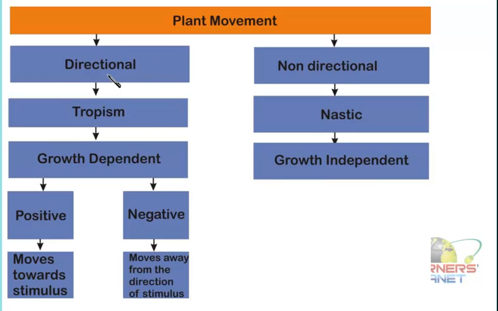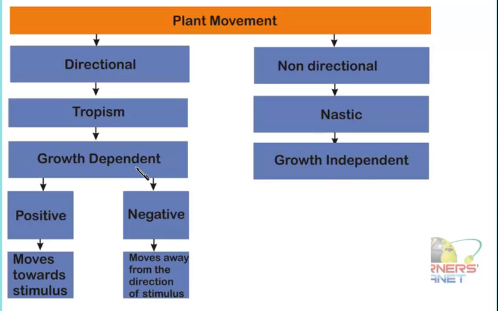So these movements are classified as either directional movement or non-directional movement. Directional movement is known as tropism, whereas non-directional movement is known as nastism, or nastic movements. Directional movements are always linked with growth.